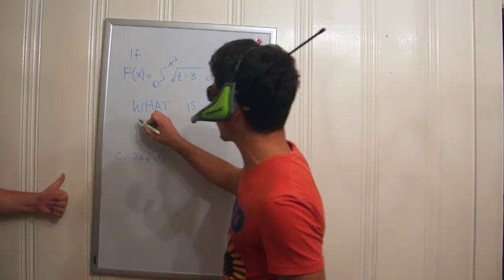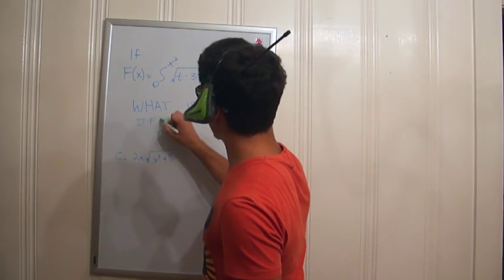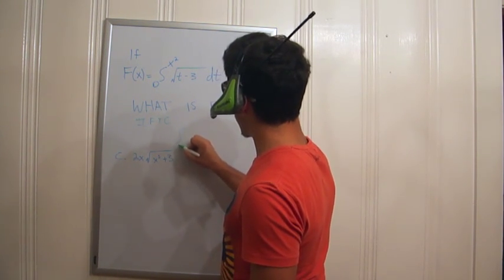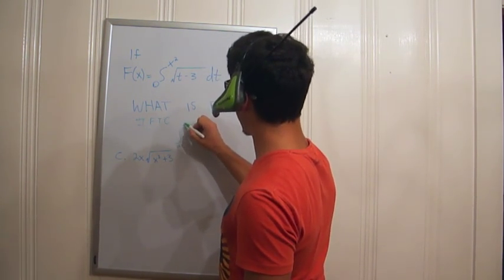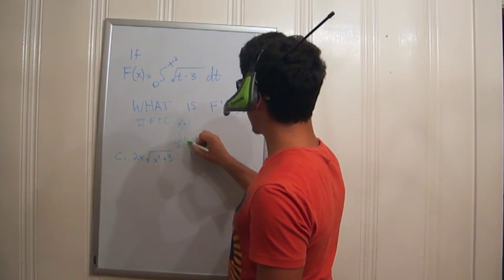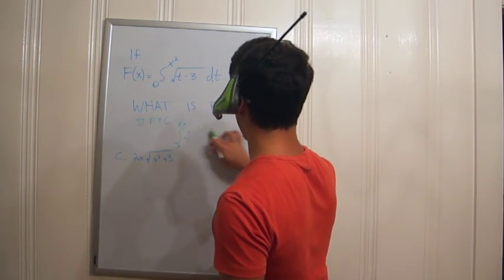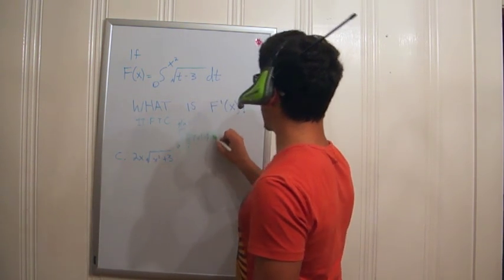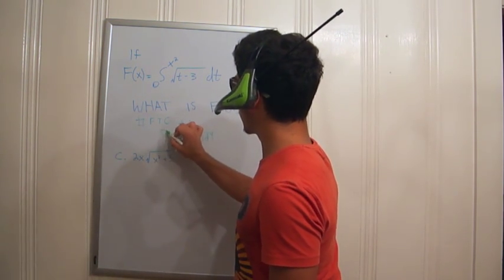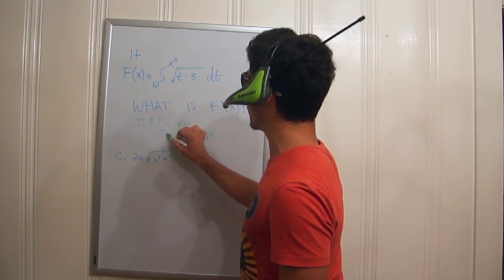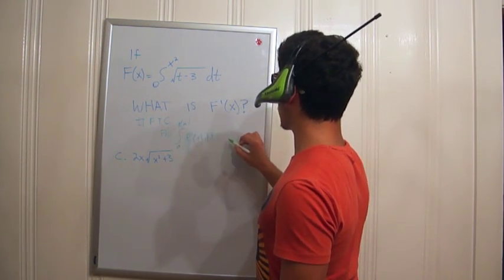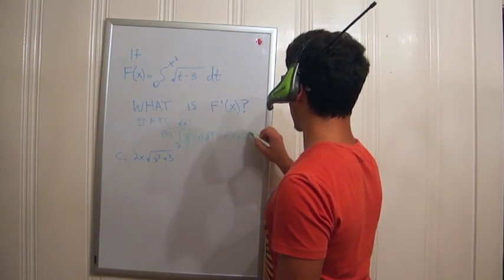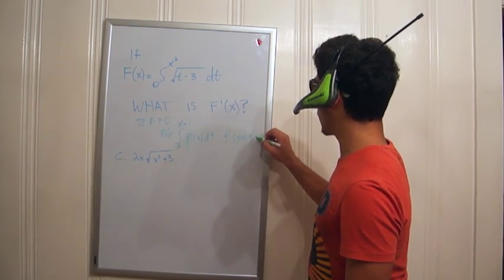For the second fundamental theorem of calculus, we have that for an integral from a to g of x of f of t dt, the f prime of this integral is just equal to f of g of x times g prime of x.